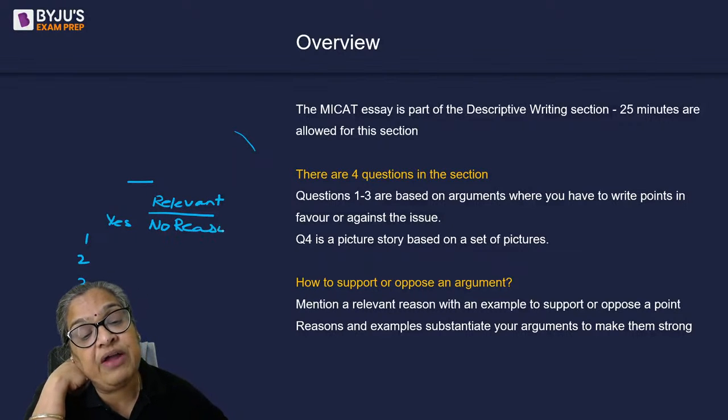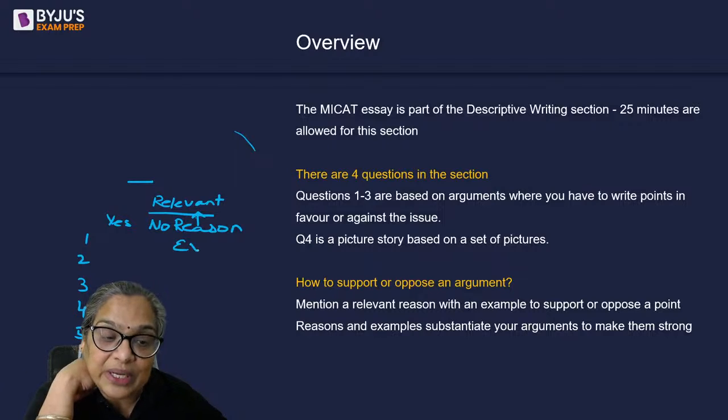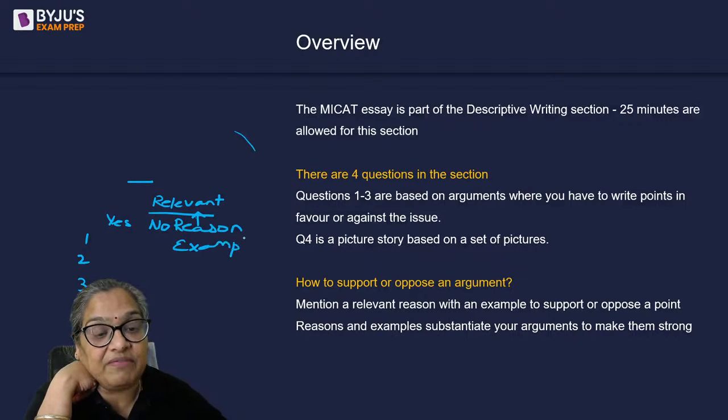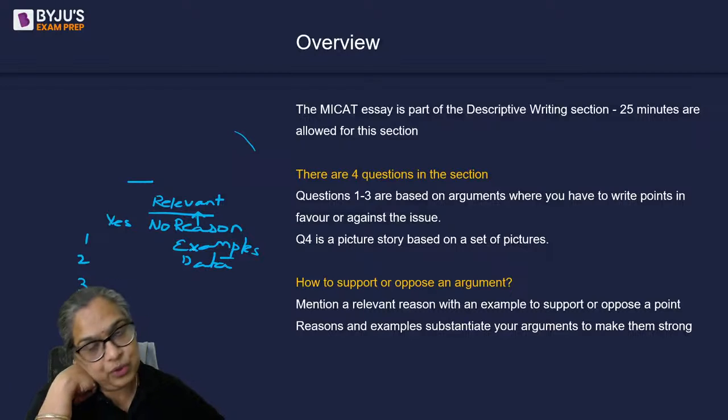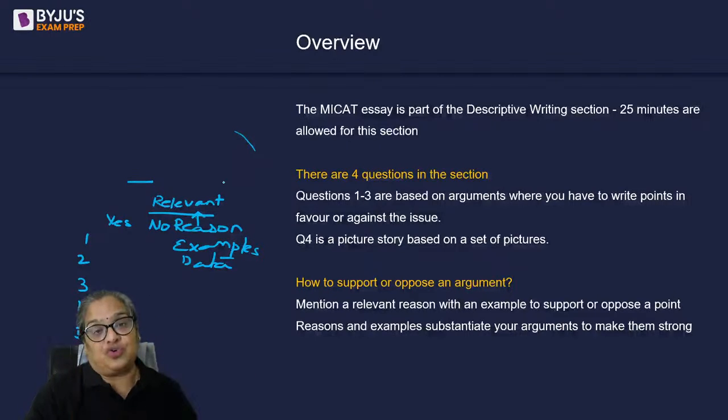Second, you should give a logical reason for a particular point. And if you can, that would be lovely, support it with examples or data related to the topic. Then the argument is really, really strong.